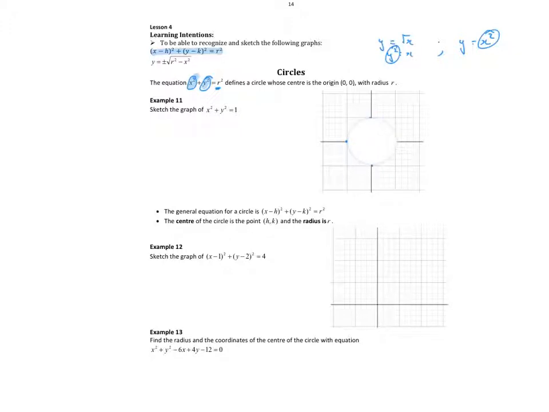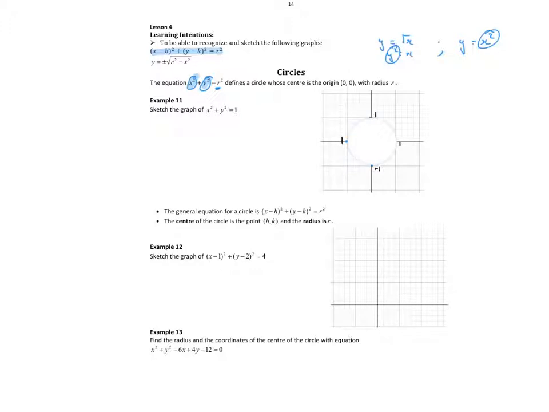That's pretty good. Sorry about that. So we've got our circle. Let's put some points on: 1, 1, negative 1, 1.